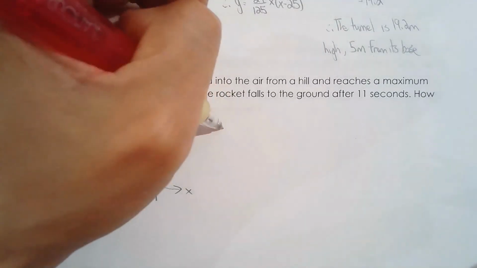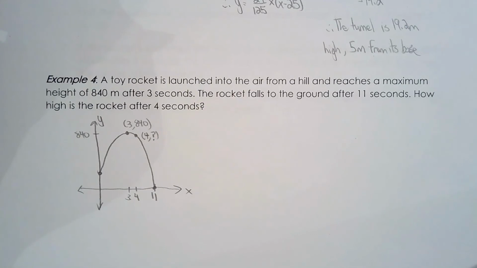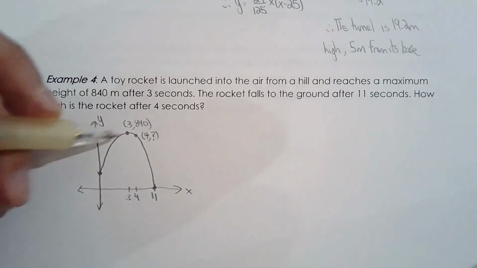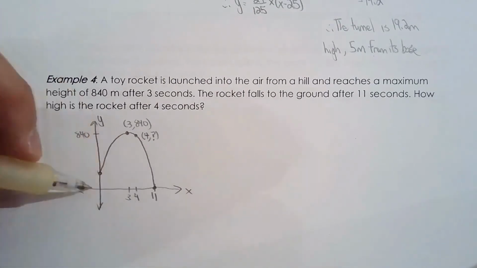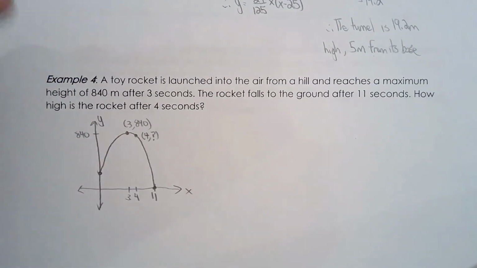What form am I going to build this equation in? I have choices: standard form, factored form, or vertex form. Unfortunately, I have the vertex but I don't have both x-intercepts. Actually, I can. It's actually 11. So if this is 8 units apart, the other one will be at negative 5.